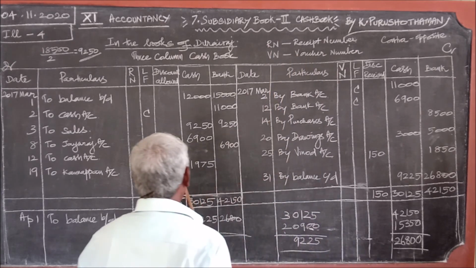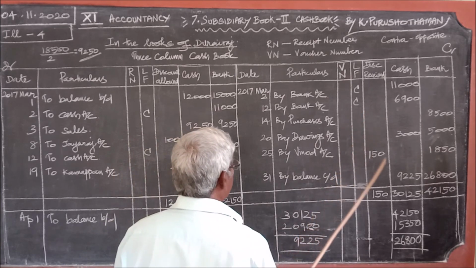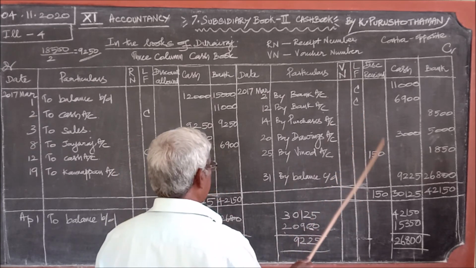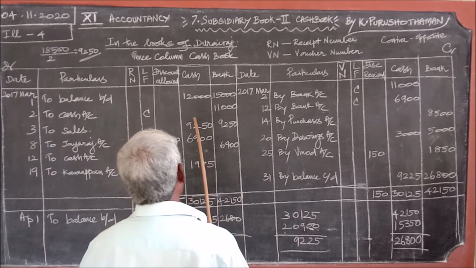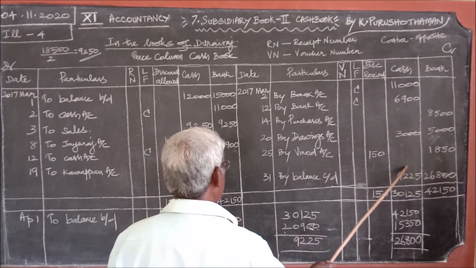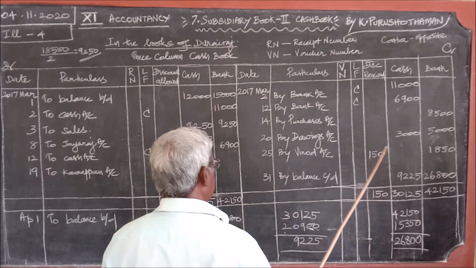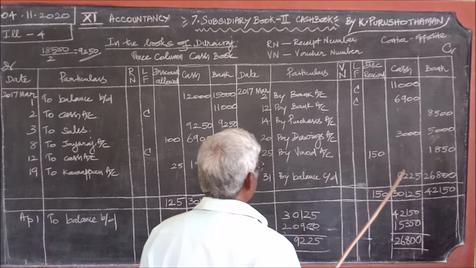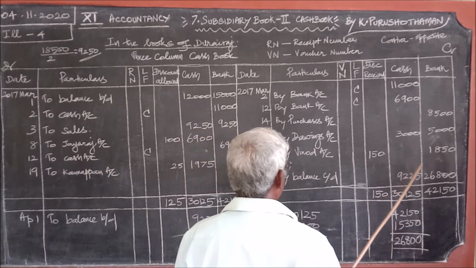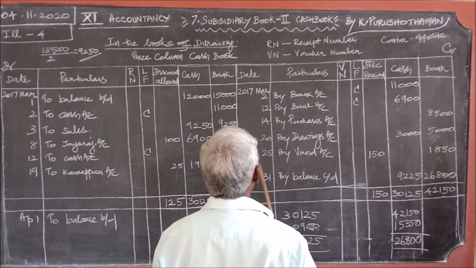Once again, regarding the totals, this discount total we will write as it is, this total here. For cash, take both the cash columns, find the total of these two, and write the greater total on both the sides. Where the amount is missing, balancing figure enna paru, that amount you write here, and against it you write the balance carried down with the last date of the month.